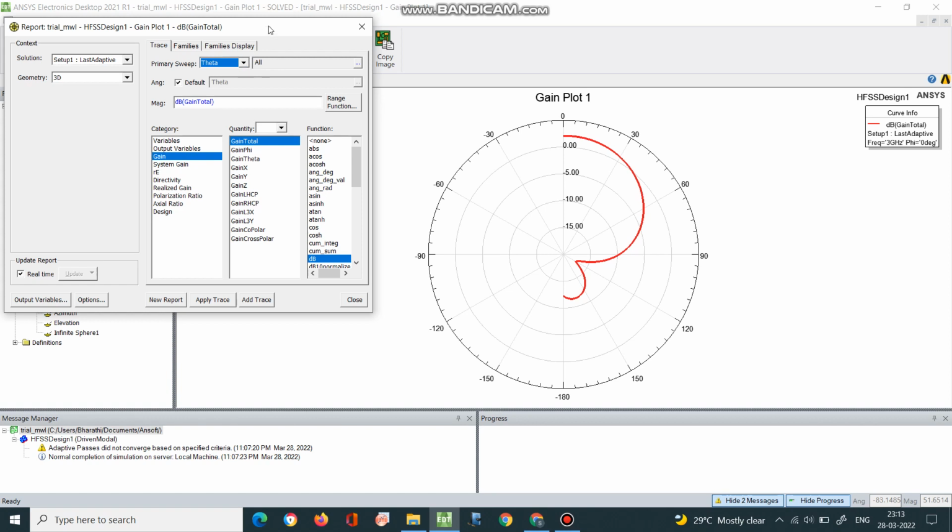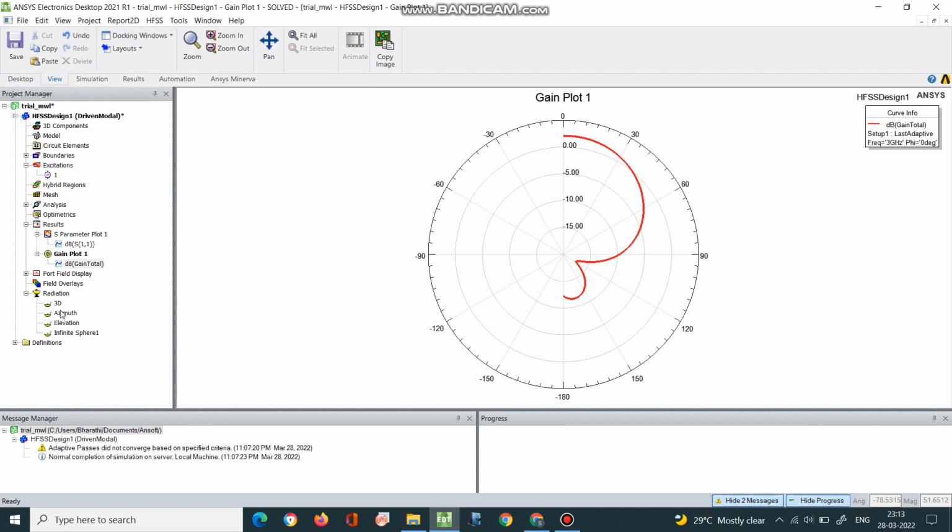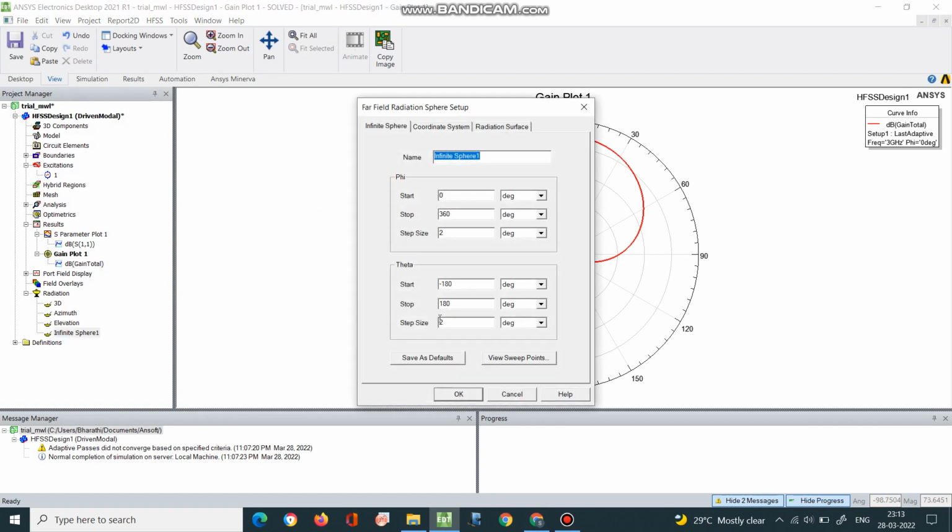Theta value we already set as minus 180 to plus 180. Let's check again. Infinite sphere 1, minus 180 to plus 180 theta.